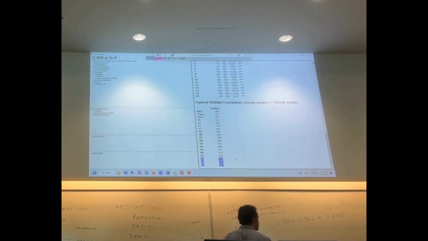Therefore, the coefficient omega here is 0.78.